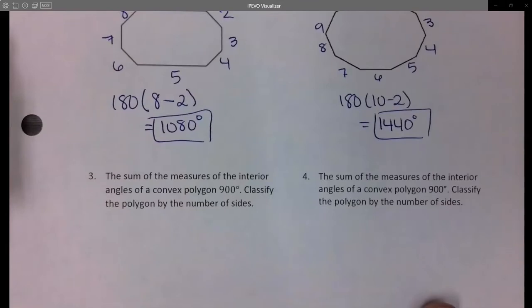Okay. Number 3 tells me the sum of interior angles of a convex polygon is 900 degrees. It wants me to classify the polygon by the number of sides. So this one I'm working backwards.